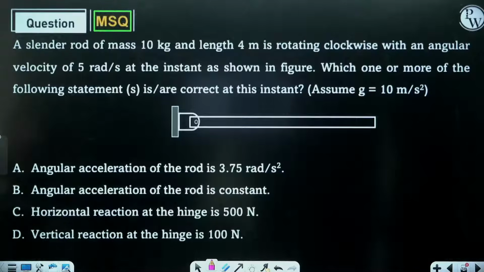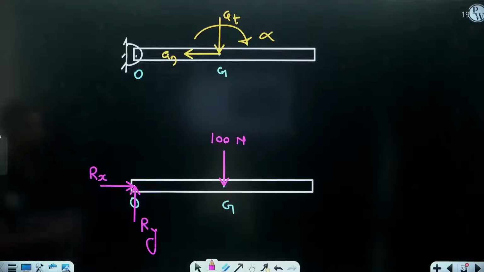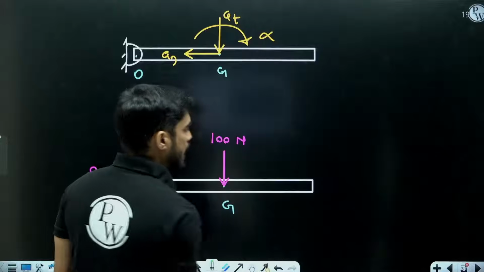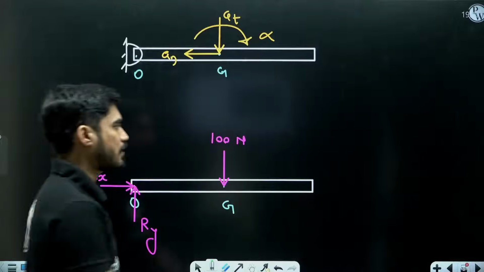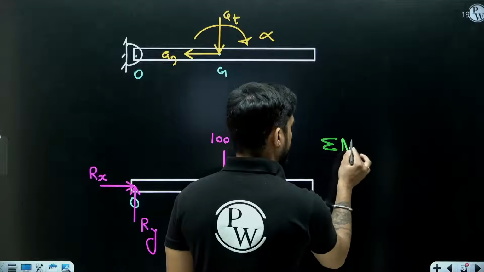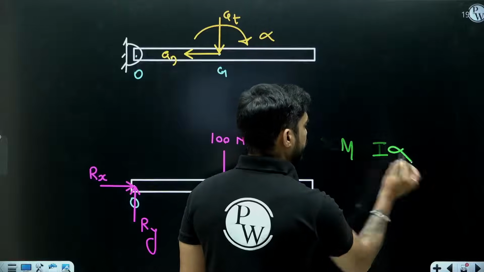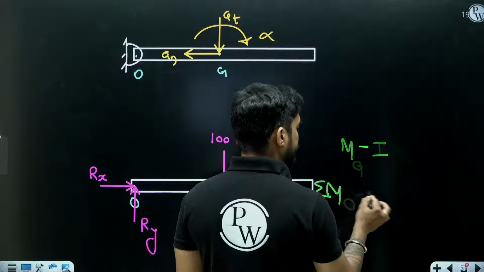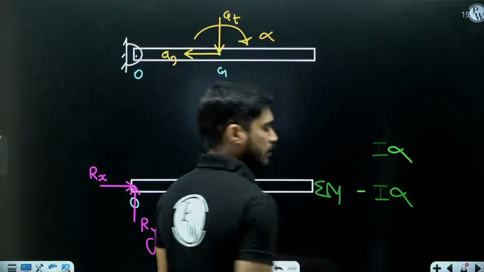The first thing we will calculate is the value of alpha. How can we find alpha? See, I told you that in order to find alpha, we can apply summation of M equals I alpha. But we can take moment about G, or we can take moment about a fixed point which is not moving.